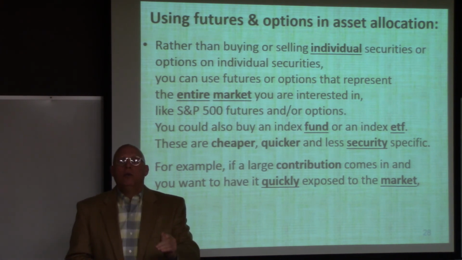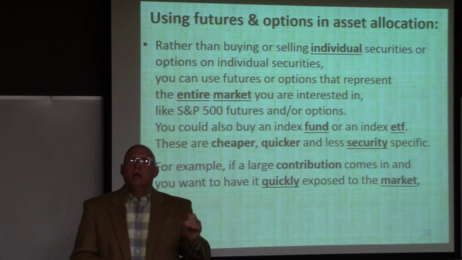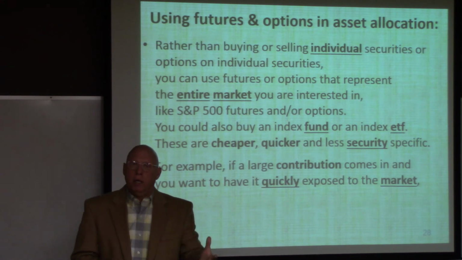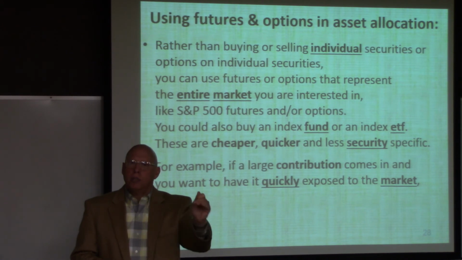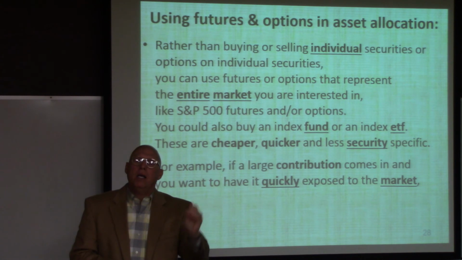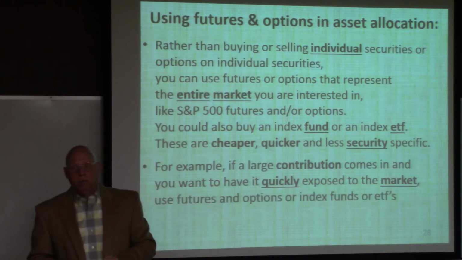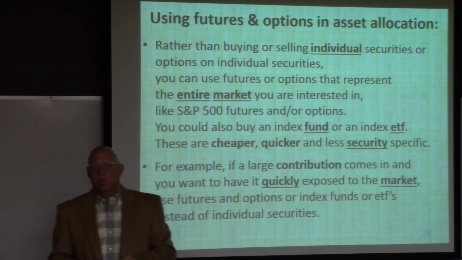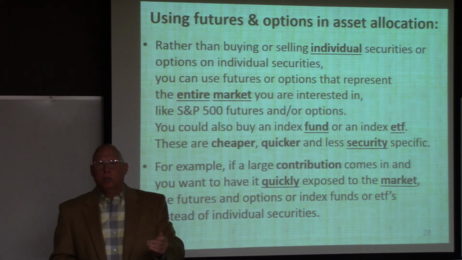So one thing you can do is take all that money and throw it into a market index, a future or an option or an index fund, and put that money to work immediately. Then you can take your time deciding how you want to allocate that money into individual securities.